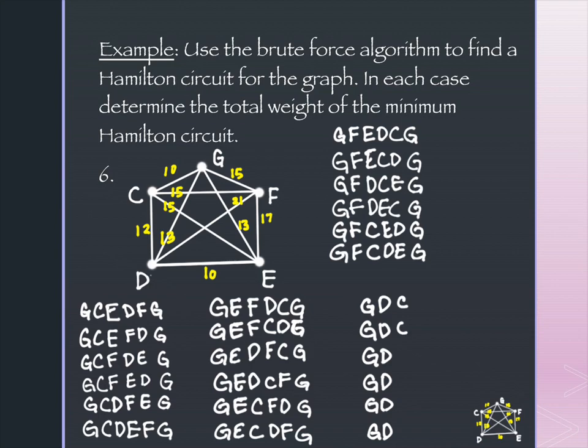C's, E's, F's. Let's do it like that. Okay, after C, I can do EF or FE. I can do CF or FC. And I can do EC or CE. I think that gets the rest of them.